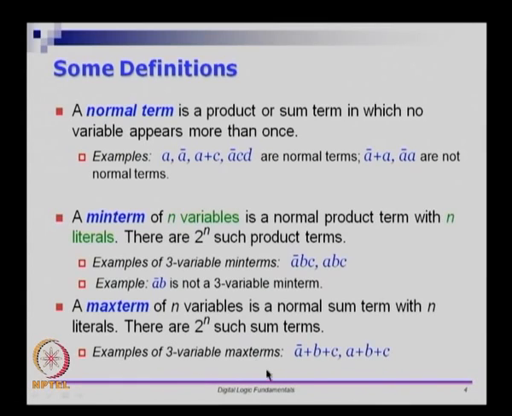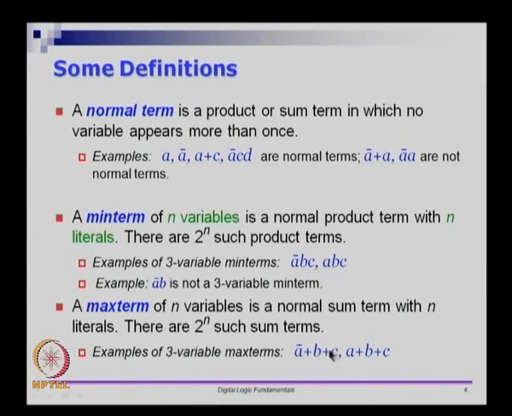So, let us look at 3 variable max terms. For example, a bar plus b plus c, first of all, is a sum term because it has only sum between different literals and the literals do not repeat and all the variables appear at least once. In fact, all the variables appear exactly once. A appears as a bar, b appears as b itself, variable c appears as the literal c itself.